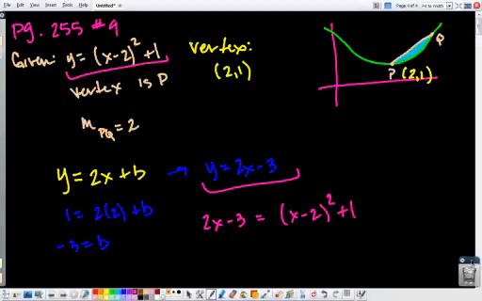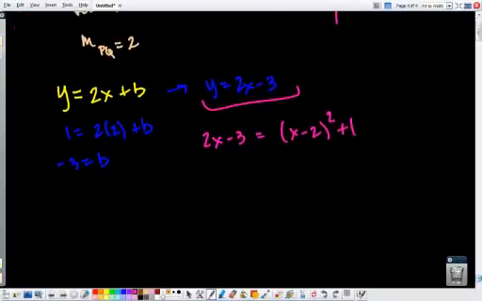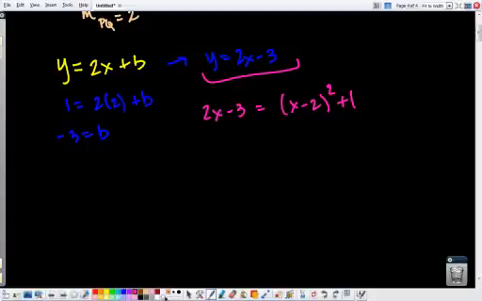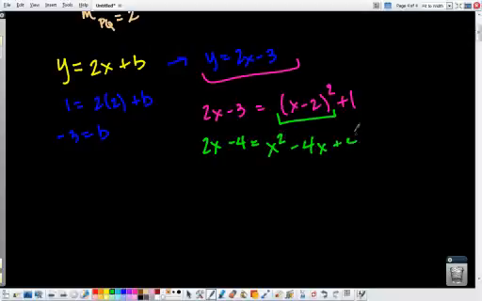Okay, moving downward, I'm going to subtract 1 from both sides so I get the binomial by itself. So 2x minus 4 equals, and really there's no way around this because I've got an x on this side and an x on this side, I have to FOIL this or expand it out using distribution. So I'm going to do that really quickly.